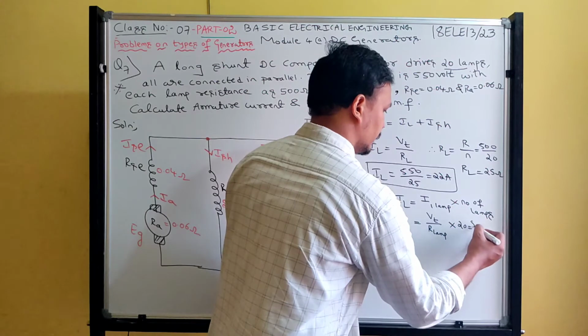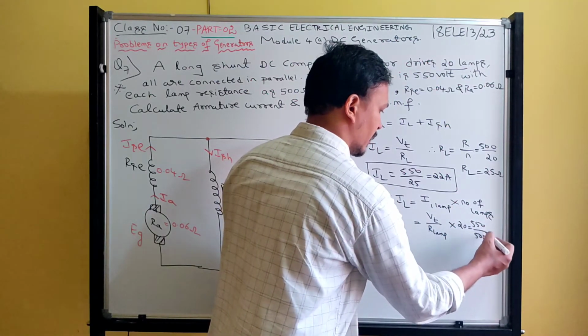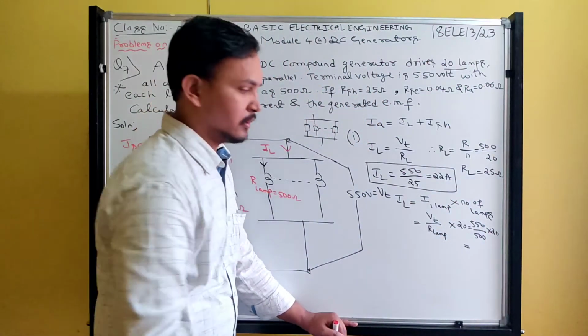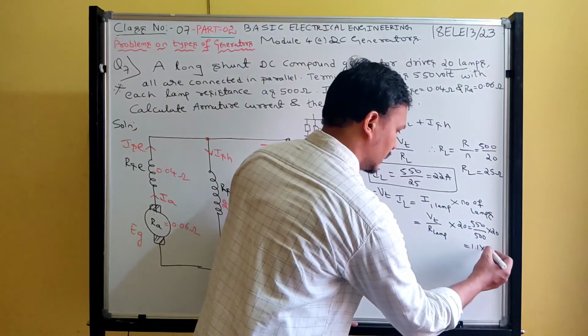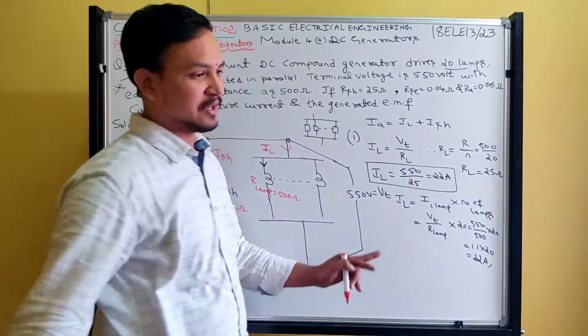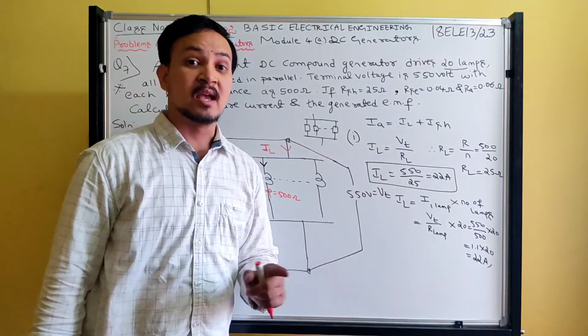Vt is 550, the resistance of one lamp is 500. 550 by 500 gives 1.1, multiplied by 20 gives 22 amperes. That is the load current. Both methods give the same answer.